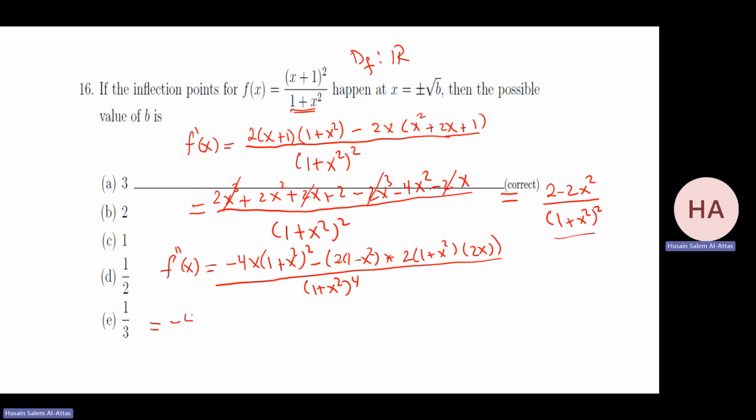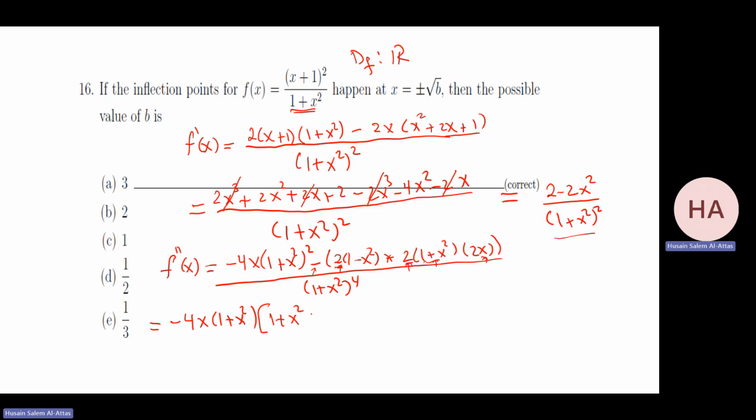I can take minus 4x, and 1 plus x squared is a common factor. So also I have here 4, 2 and 2, and 1 plus x squared. We also have the x here. What you will get from here, we have 1 plus x squared. Note I took minus 4, so this is gone, this is gone, this is gone, x gone.